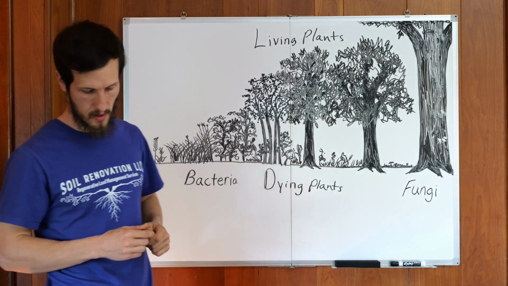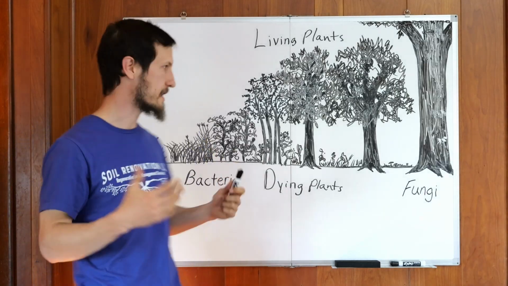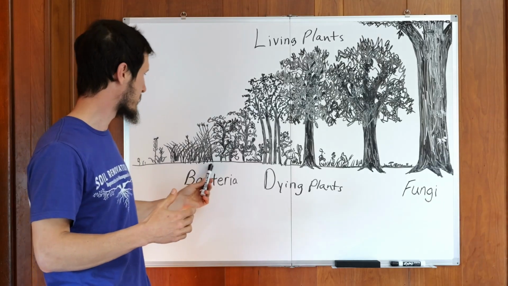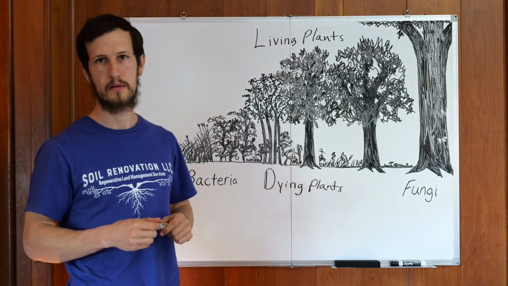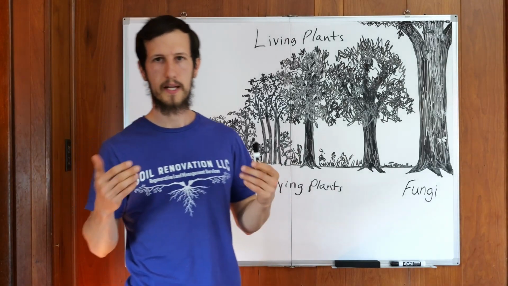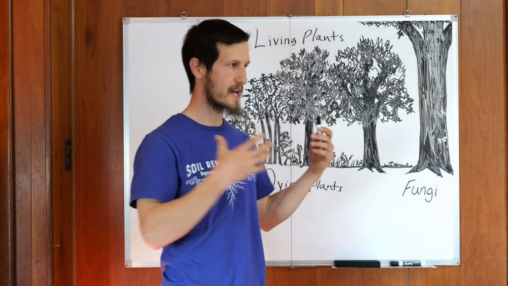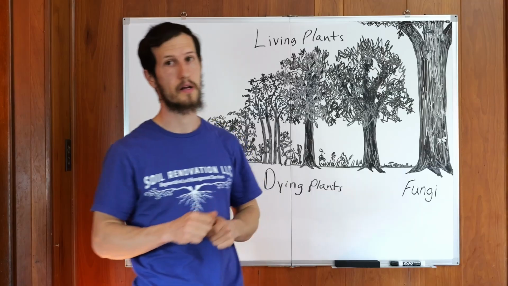So the goal here in thinking about this is, are these successional stages healthy? That's what we need to think about. If we're managing land, we need to think about what is the health of this successional stage, because you can have forests up here, like I said, that are not healthy.